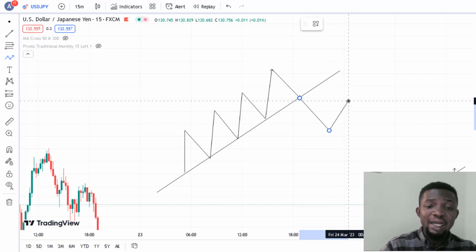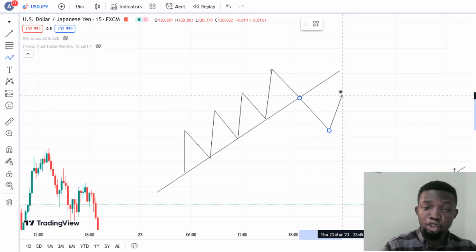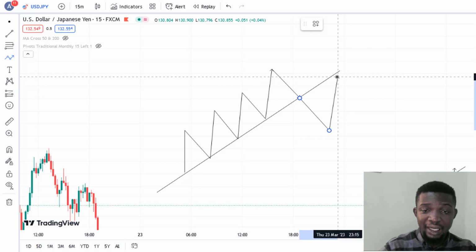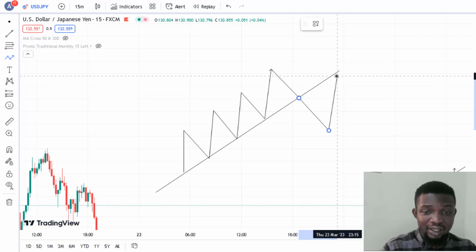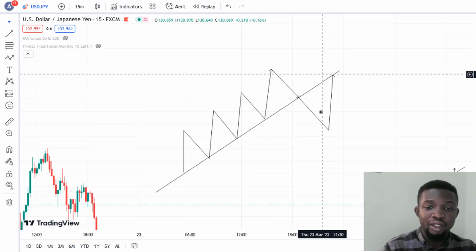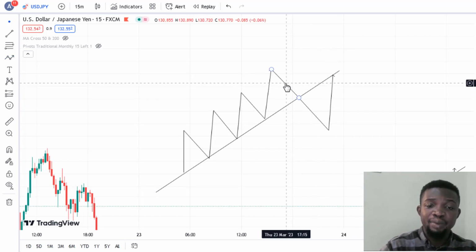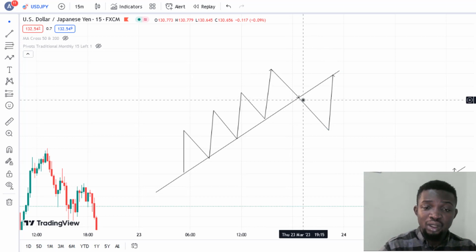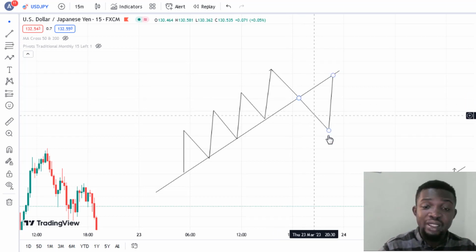Then what again? Then we wait for price to push back up to this trend line for a retest. Price must push back up to this trend line for a retest before we can make any of our entry. At times price breaks this trend line, breaks it down and keeps going down.